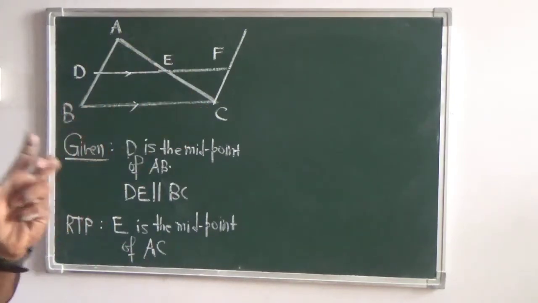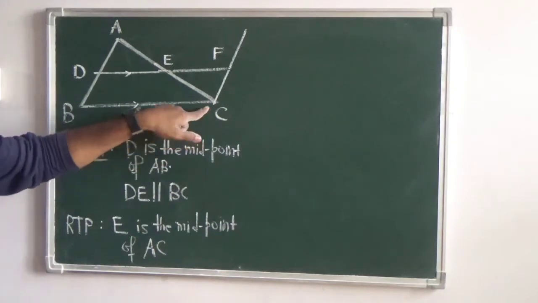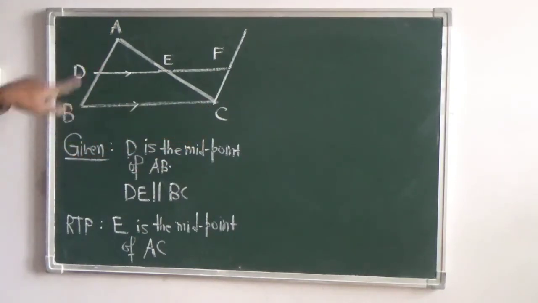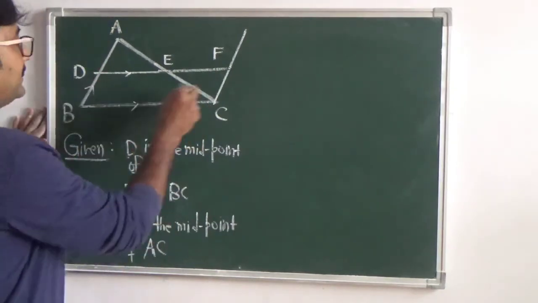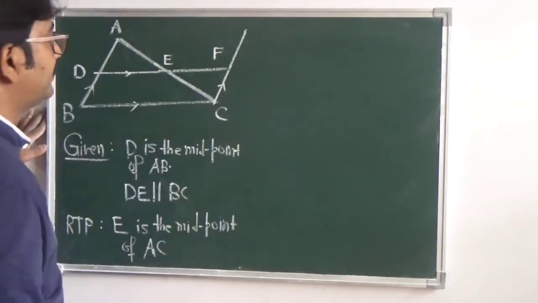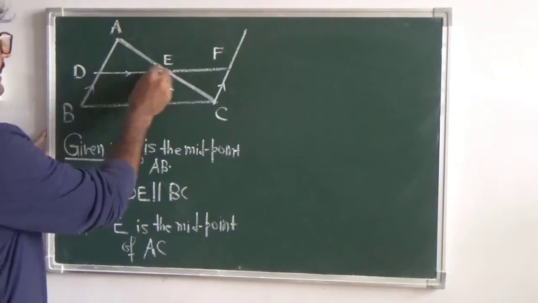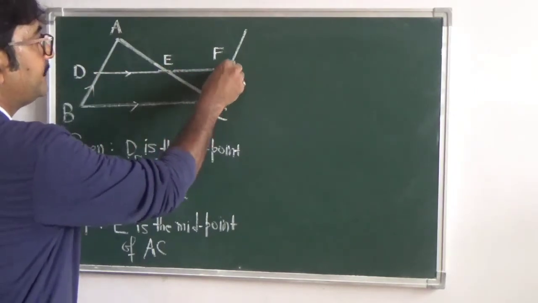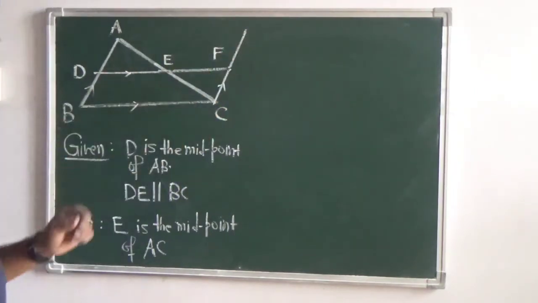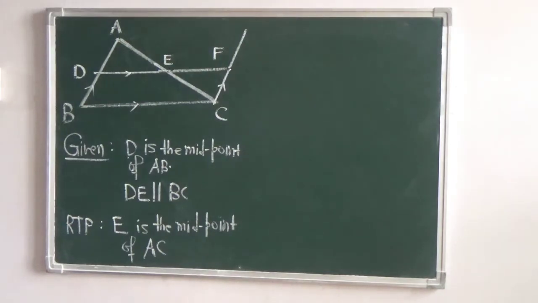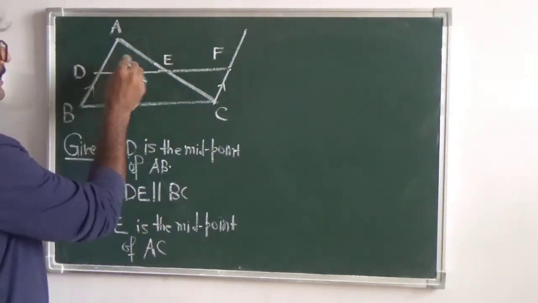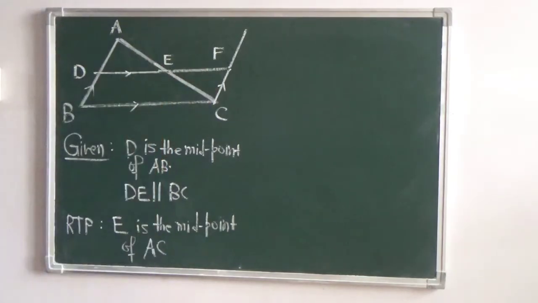Now here the construction goes like this. From C we draw a line parallel to BA. So this line and this line are parallel to each other, and we extend the line DE till it meets this line at F. So this is the condition. Now again we will go by the same method, proving that this triangle and this triangle are congruent.